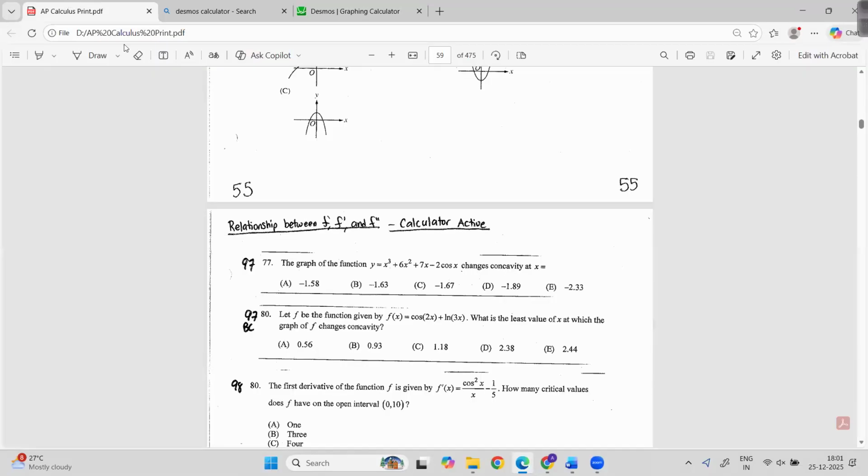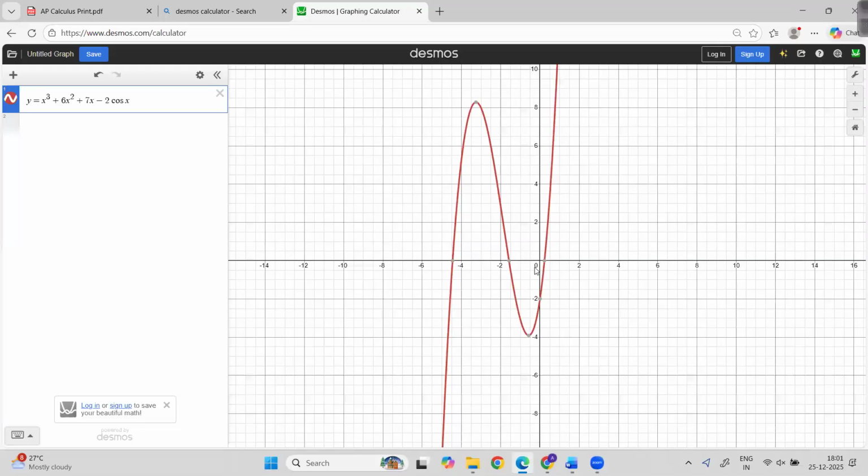If you see other options, minus 1.58 is somewhere here. No. At minus 1.58 the function is close to 0, f dash x is 0.